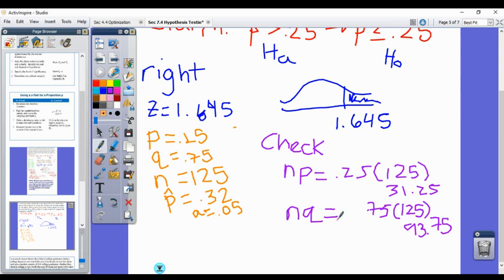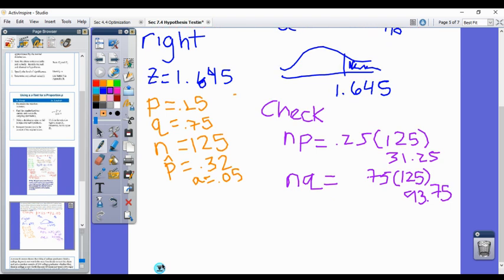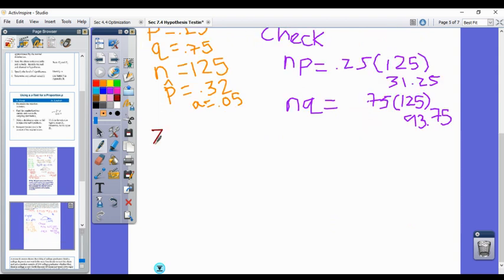Yay. All right, so now let's go ahead and plug into our formula to get our Z. All right, so here we go. Z, ooh, he's a little wiggly. He's dancing. Equals P hat minus P. All right.